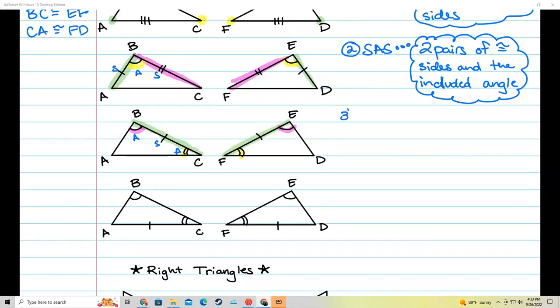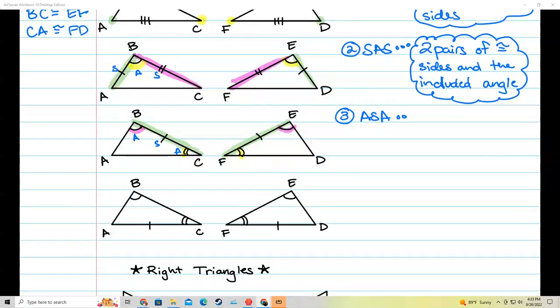So this is going to be our third theorem. This is going to be angle side angle. Notice that when I did that, the S is in between the two angles, because that's telling you that the side is sandwiched between the two angles here. Okay. So if I have angle side angle, then I know the two triangles are the exact same size, but maybe in a different spot.